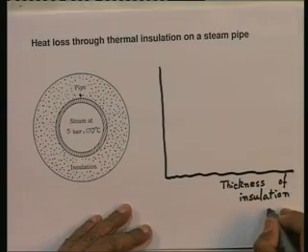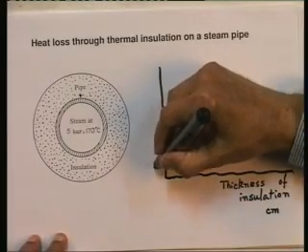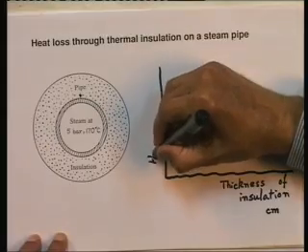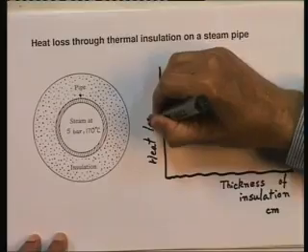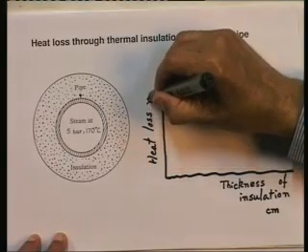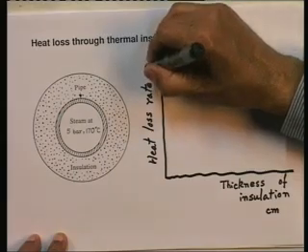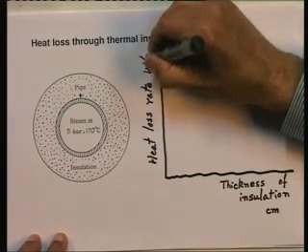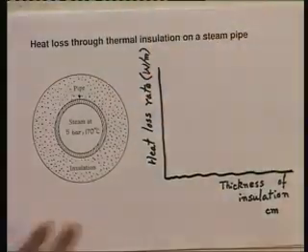Let us say thickness of insulation in centimeters, and on the y axis I have the heat loss rate, in watts per meter, that is heat loss rate per unit length of the pipe.